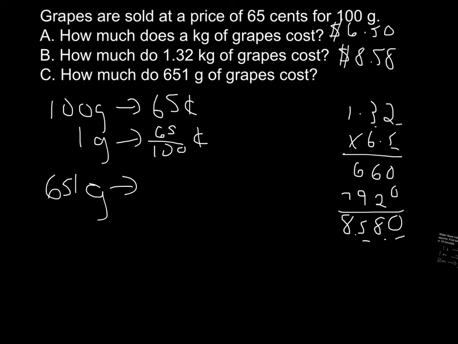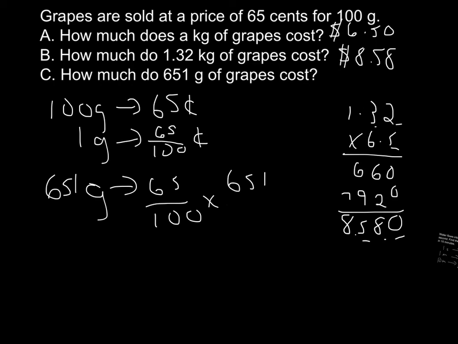And so if I wanted to know what it would be to do 651 grams, then what I could do is I could actually take that 65 divided by 100, and I could multiply that times 651. And so the answer is going to be 65 divided by 100 times 651. Now, I'm not going to make you do that by hand.